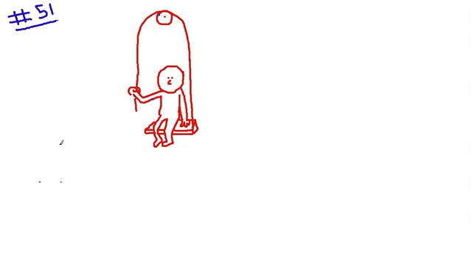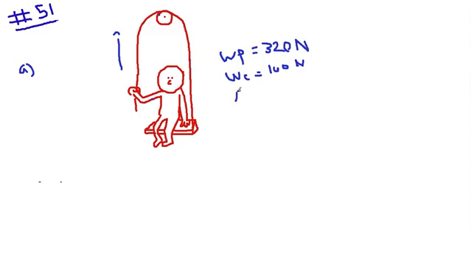If we label the forces going on here, the weight of Patrick is 320 newtons, the weight of the chair is 160 newtons, and the tension from pulling on the rope is 250 newtons.